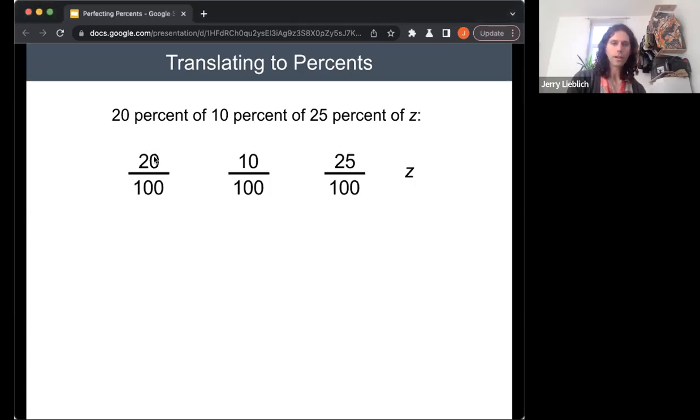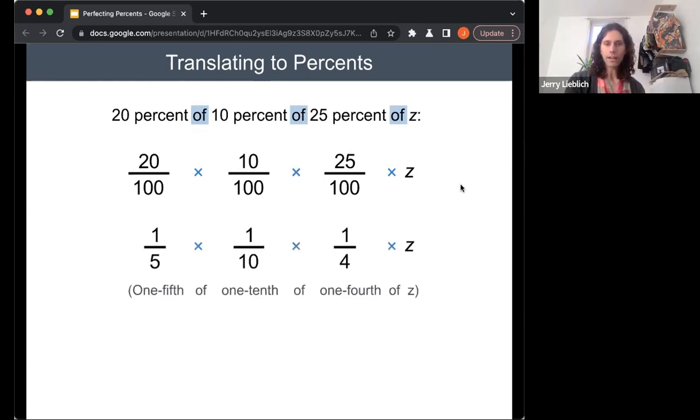So I've got 20%, 10%, 25% of Z. Now we have to ask, all right, what do I do with all these "of"s? And "of" we can translate as multiplication. So if you take 20% of 10% of 25% of Z, you've got it.